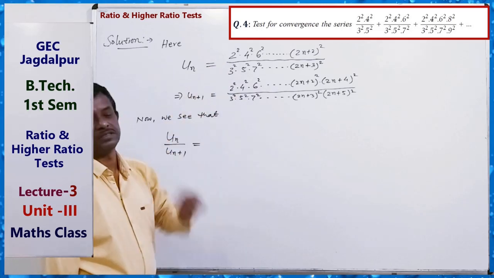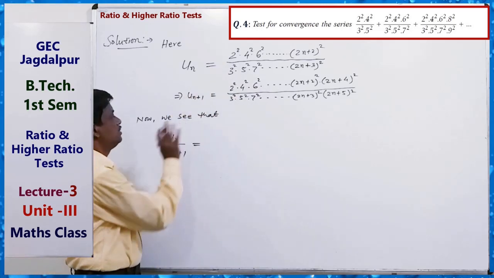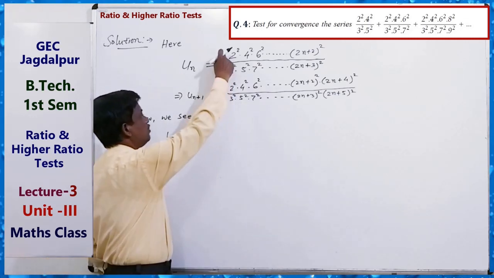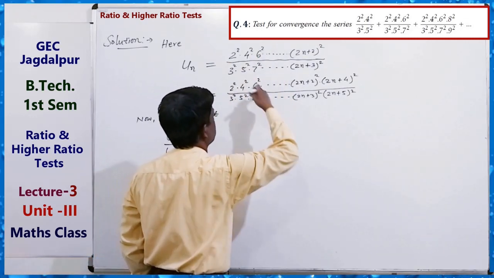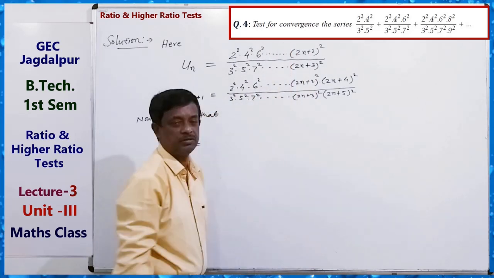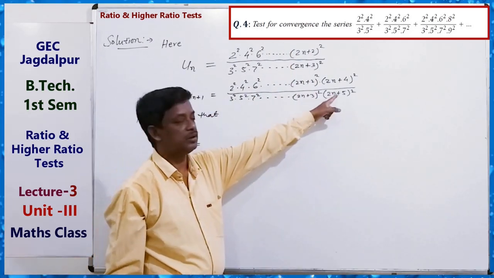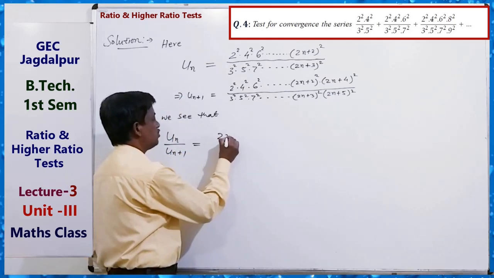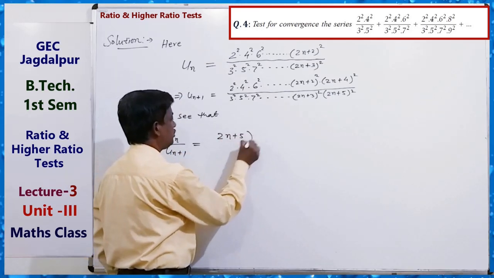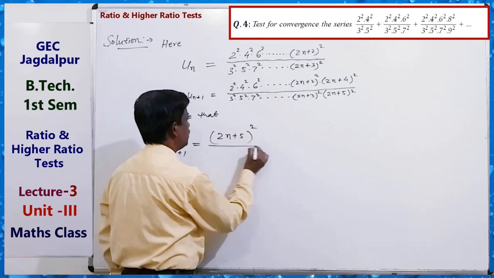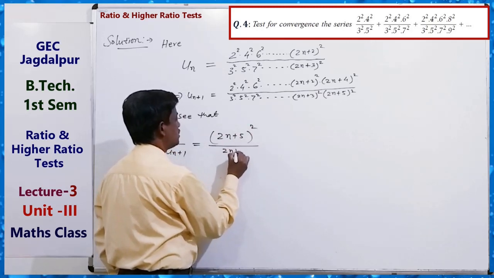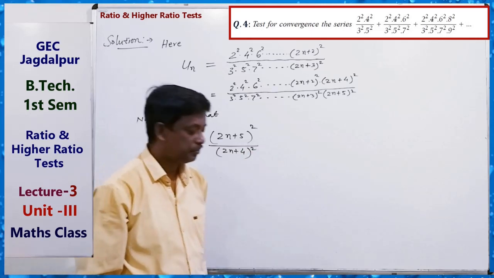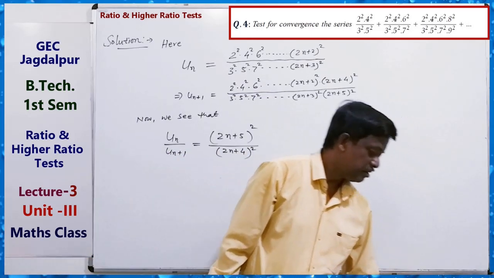This portion is the same, so it cancels out. This is in the denominator, so we can write 2n plus 5 square upon 2n plus 4 square. Clear?